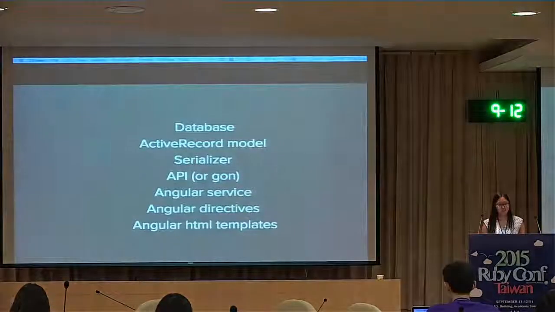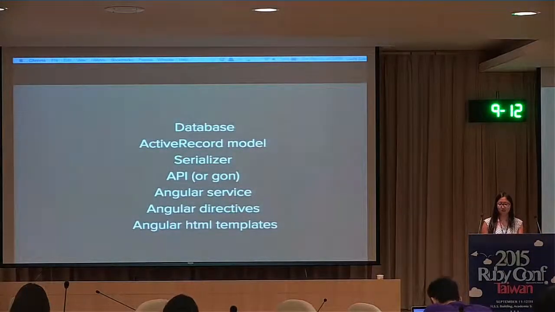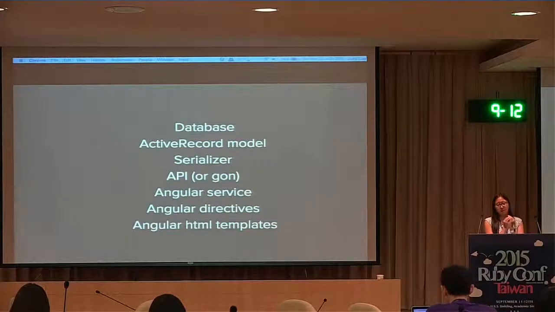And then once it's in your JavaScript, you'll have an Angular service that sucks up the information and holds it for you on the client side. After which point, you might have more API calls later to talk to the server, and it'll update itself.